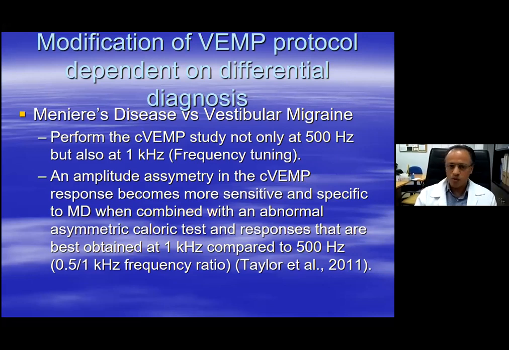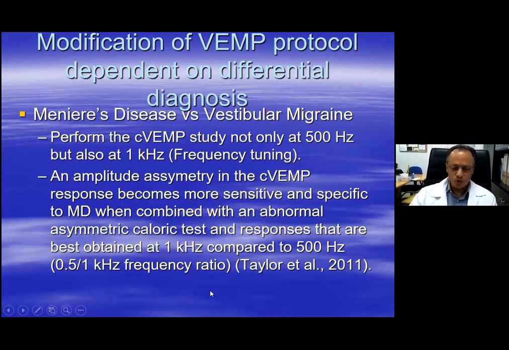The reason you need to perform CVEMPs at both 500 Hertz and separately at 1 kilohertz is to determine if the phenomenon of frequency tuning is present for your patient. And what do we mean by frequency tuning? That instead of having a better response at 500 Hertz, you instead have it at 1 kilohertz.